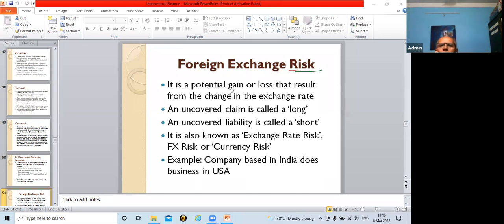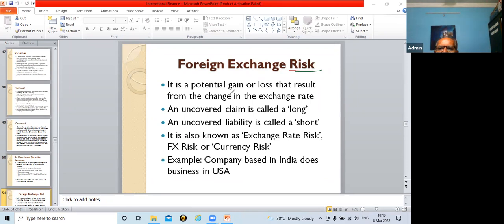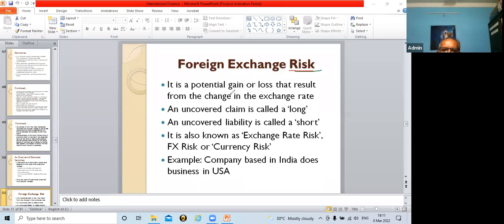There is a depreciation of the rupee. Now here, try to understand this line.